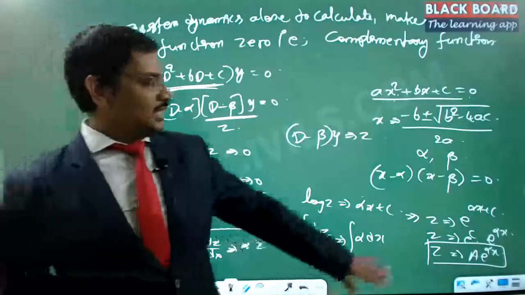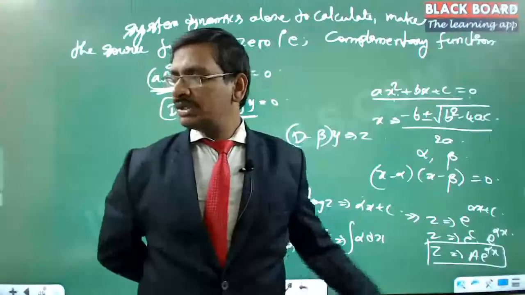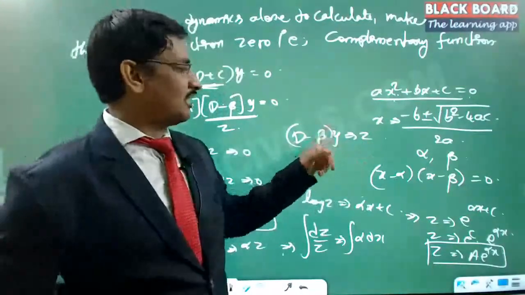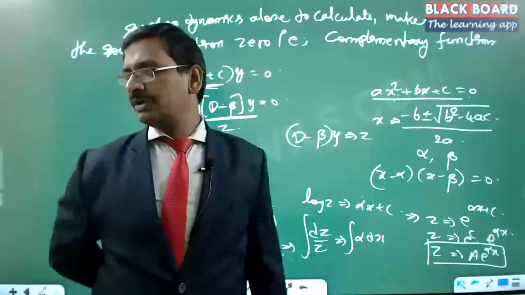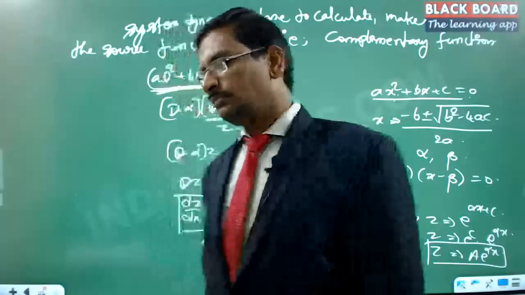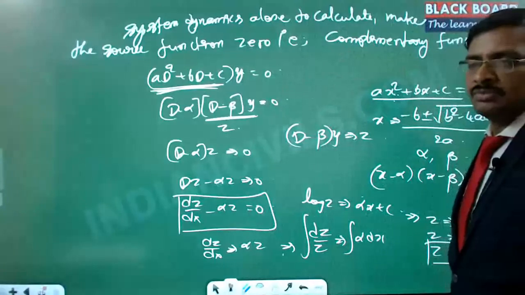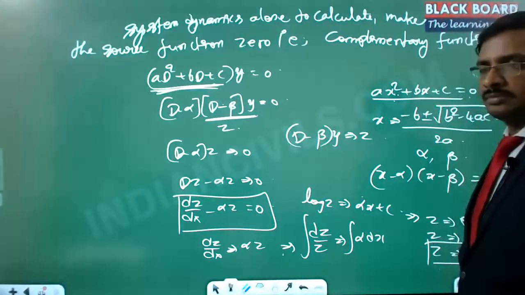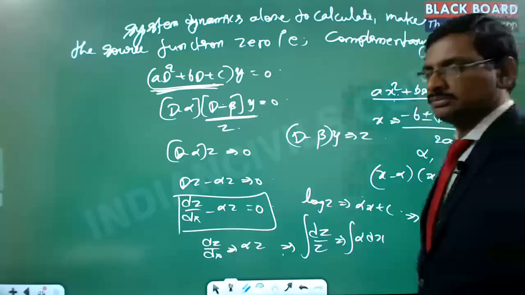Got it? So we have got the z value as a into e power alpha x. Now this z value we will use, because we have assumed that (D minus beta) of y is equal to z. This value we will reuse over there. Got it? So do you have any questions till now? Any questions? Right?